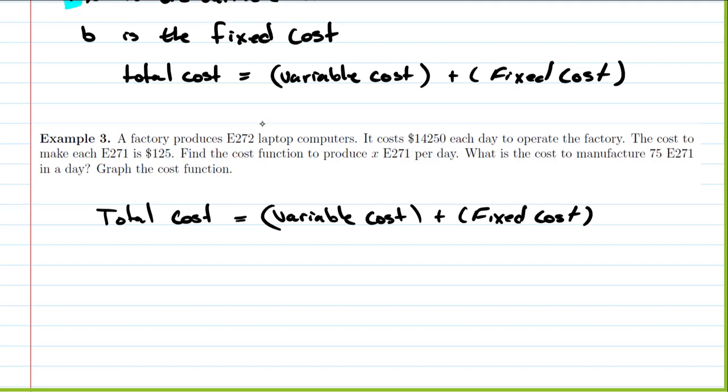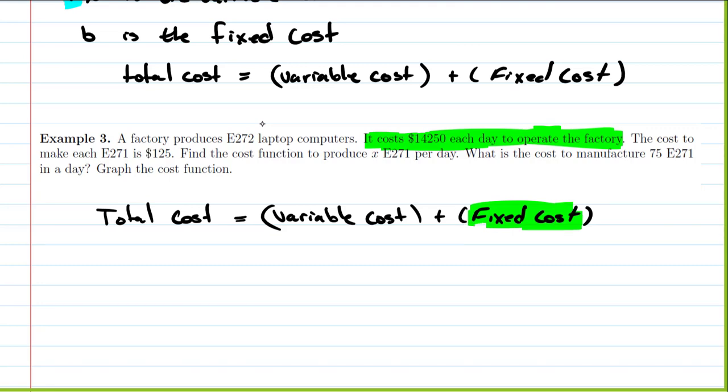And our goal is to find the total cost per day, right? So which of those costs is fixed for each day? Well, our fixed cost is going to be the $14,250, because that's what it costs to open the factory each day, just to run it, right?